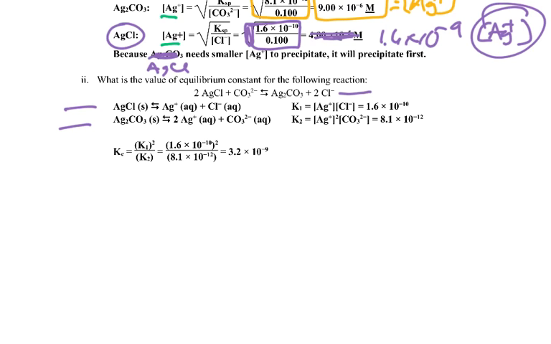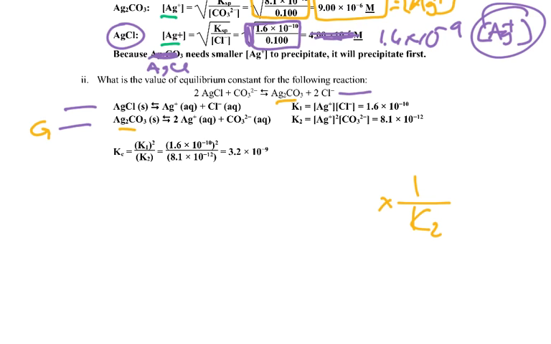So looking at this equation, here's silver carbonate on the right, but here it's on the left. So I'm going to have to take my silver carbonate number and flip it around. I'm going to flip the equation, and I'm going to invert my K. So for my K2, I want 1 over K2.